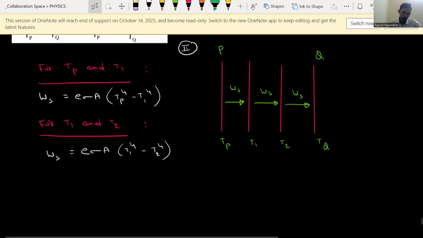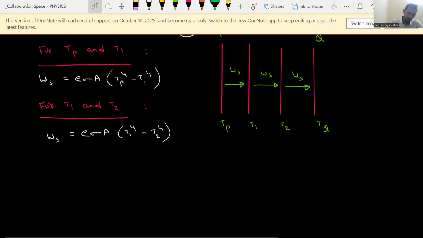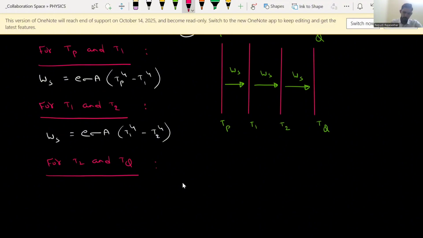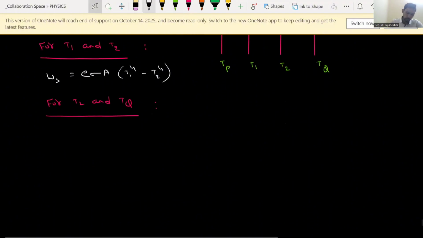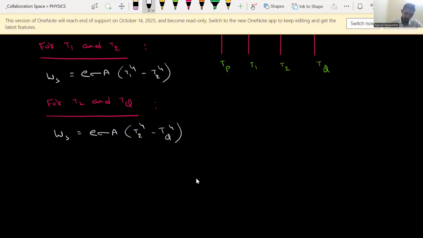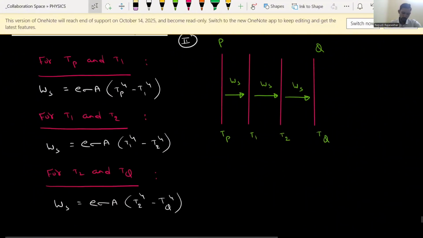Next one is for T2 and TQ plates. Here we can write Ws equals to E sigma A T2 power 4 minus TQ power 4. So these are the first three equations we got for the given metals.